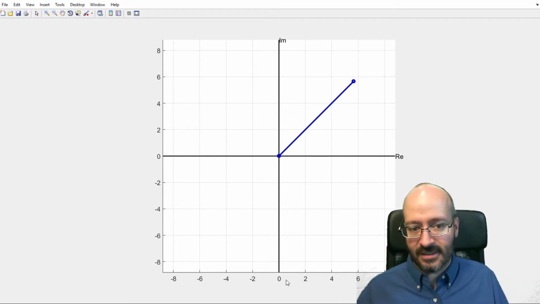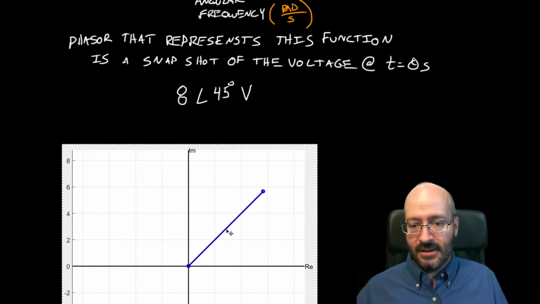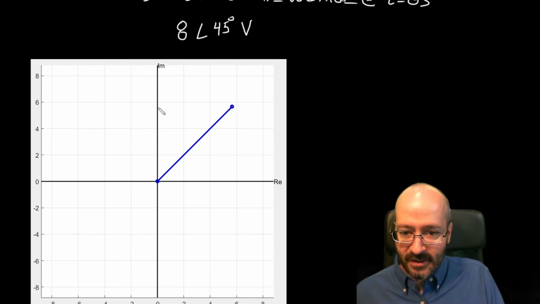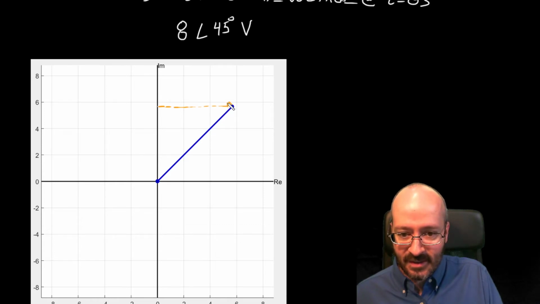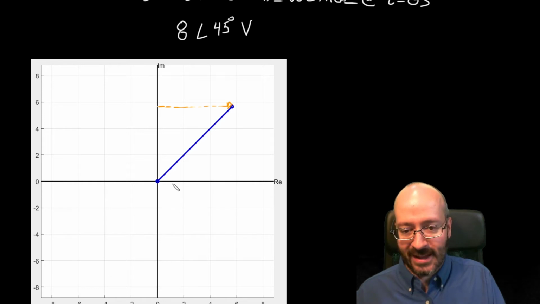I keep saying this is the snapshot of what happens at t equals 0. Let's take this and plop it down on our pad. Oh, that's white, that's not going to work. Let's try orange. I'm interested in this distance. That's going to be the instantaneous voltage, the distance along the real axis.